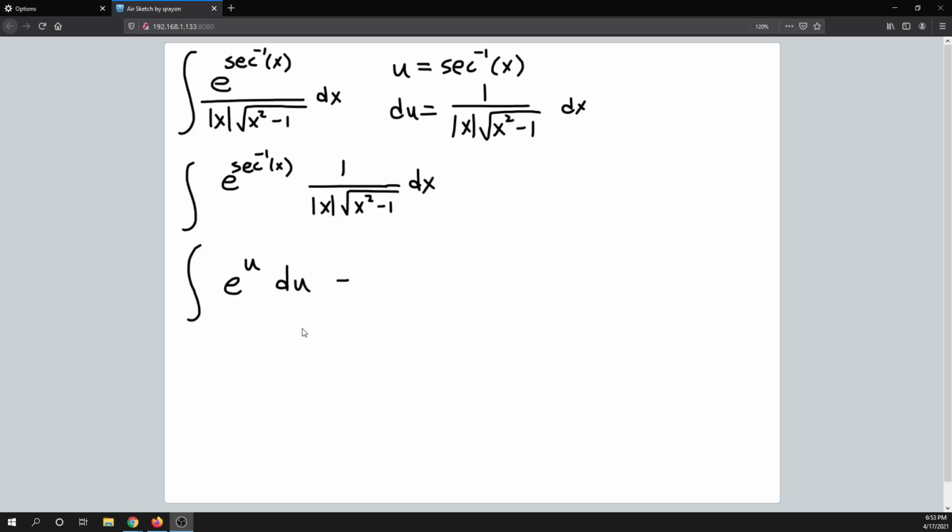Because e to the x is its own derivative and its own antiderivative, the integral of e to the u is just e to the u plus some constant c. Now we just need to back substitute. We know that u is secant inverse of x, so the answer is e to the secant inverse of x plus some constant c, and that is it on this one.